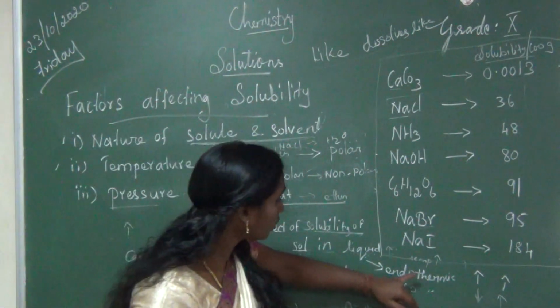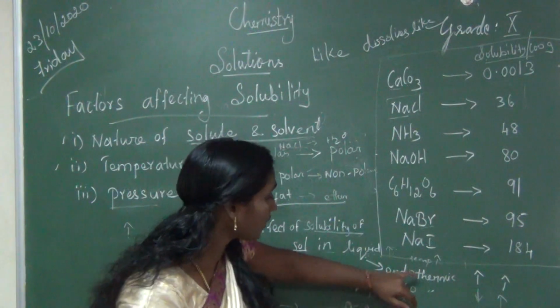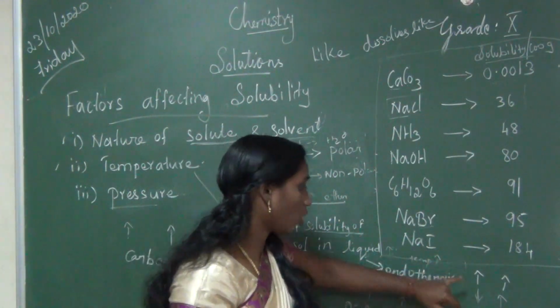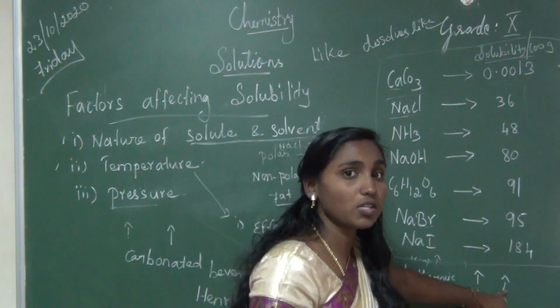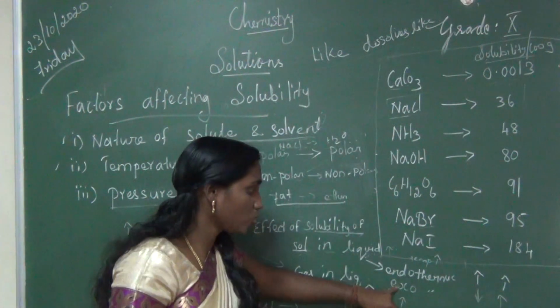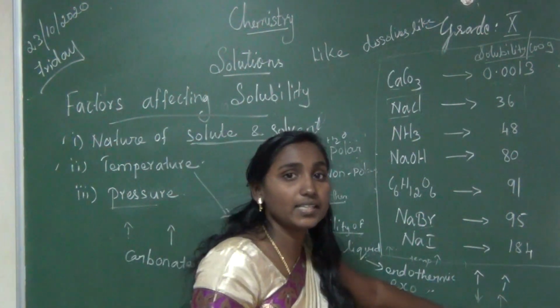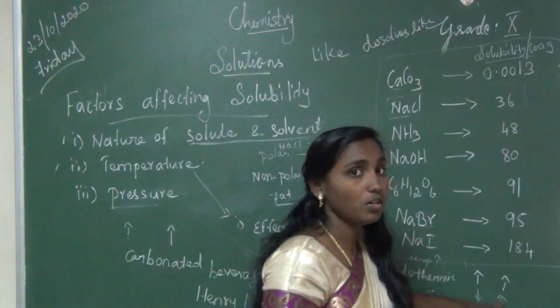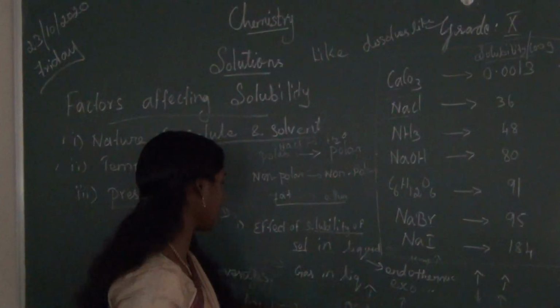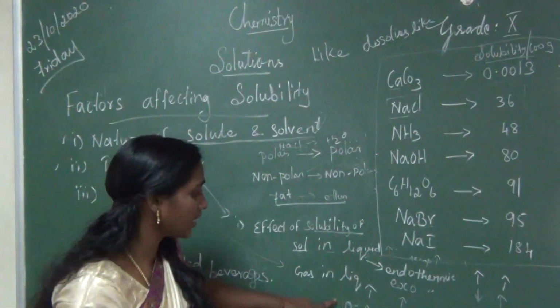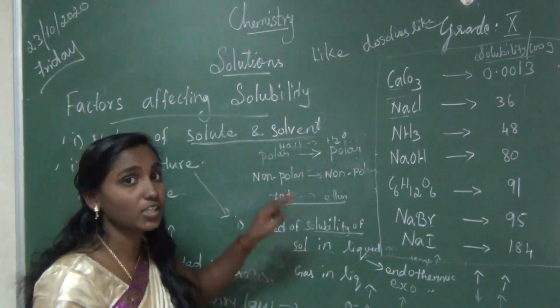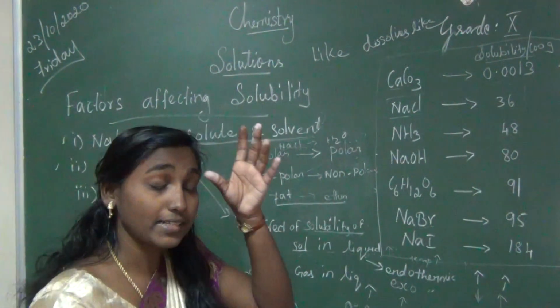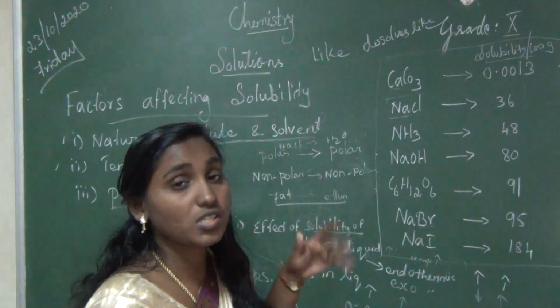Here, in an endothermic process, solubility increases as temperature increases. In an exothermic process, solubility decreases as temperature increases. The next is gas in liquid. We studied two examples about dissolved oxygen.